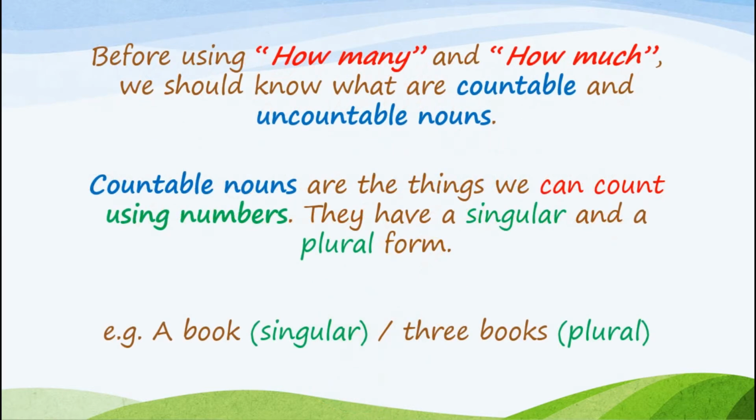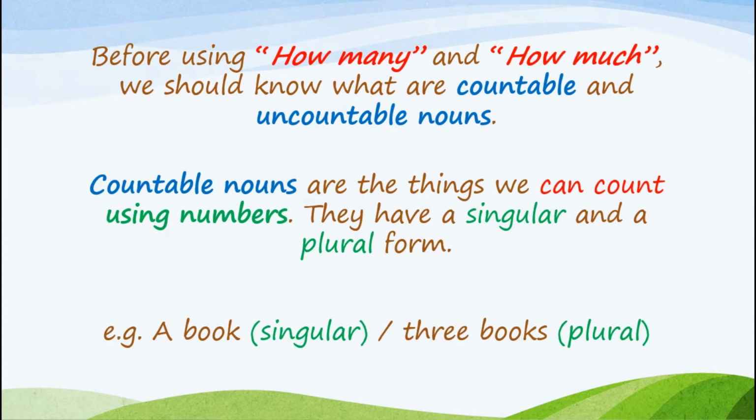But before using how many and how much, we should know what are countable and uncountable nouns. This is very important. Countable nouns are the things that we can count using numbers. They have a singular and a plural form.